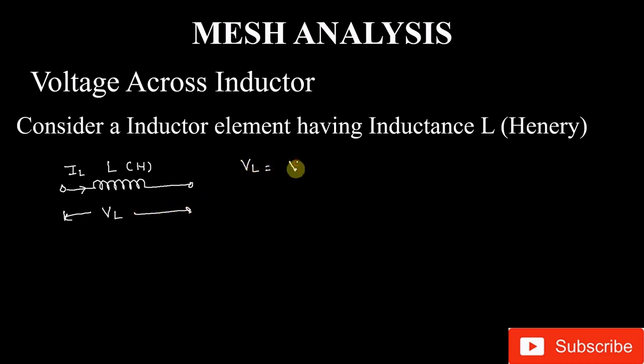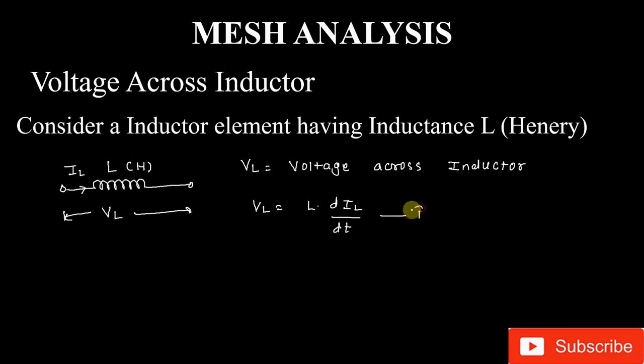What is VL? VL is the voltage across the inductor. That can be found by the formula VL is equal to L multiplied by dIL upon dt.